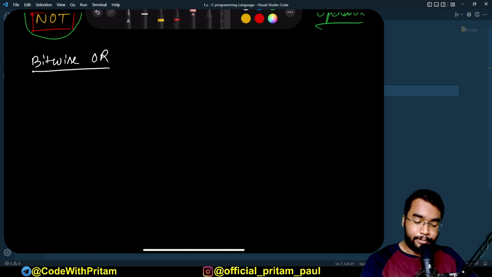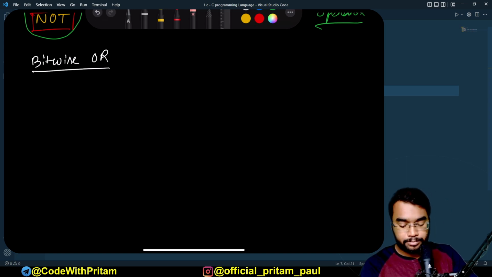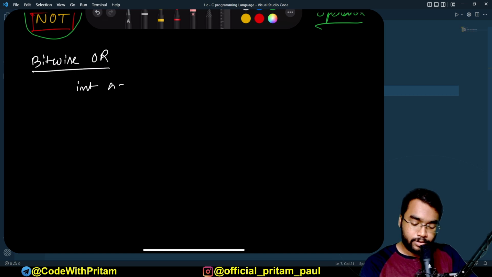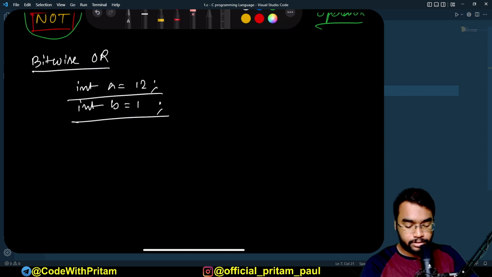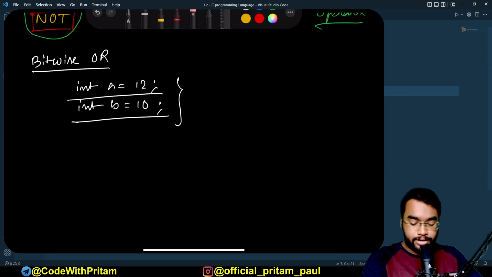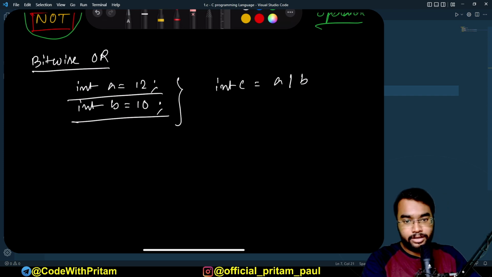Here bitwise OR means, for example, if I take integer a equal to 12 and integer b equal to 10, for example. Okay, now we have to do bitwise OR. So we will write, for example, integer c equal to a vertical bar b. Only a single vertical bar would be used, only single.